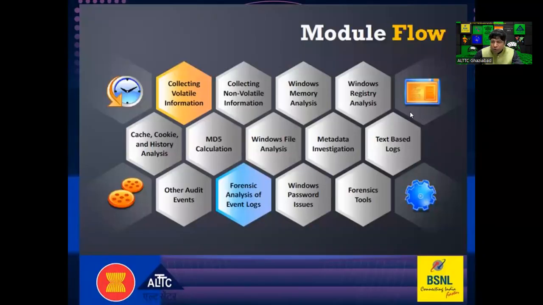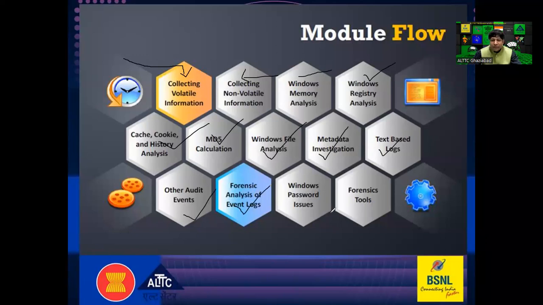Okay. In Windows forensic, if you want complete basic knowledge, we can follow the modules: collecting volatile information first, then collecting non-volatile information, Windows memory analysis, Windows registry analysis, cache, cookie and history analysis, MD5 calculation, Windows file analysis, metadata investigation, text box, log, other audit events, forensic analysis events, Windows password issues, and forensic tools.